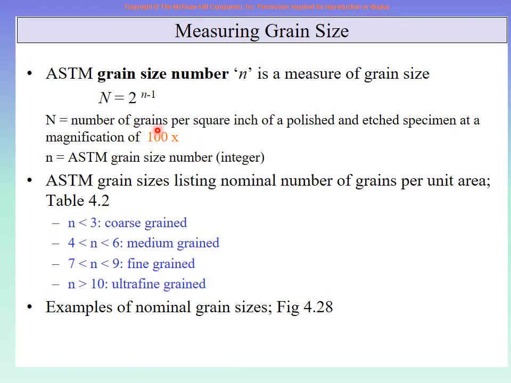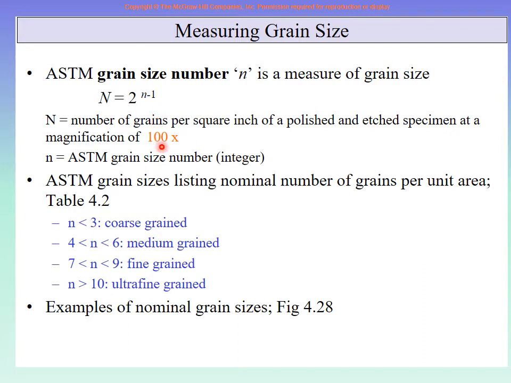This is standardized. Remember that we have prepared a sample and we are looking at it under a microscope, and we have set the microscope to 100 magnification. You see, in the microscope there are many lenses and so on. So when we set it at 100, one particular lens is used. When you set it at 200, another lens is used. When you set it at 500, another lens is used.